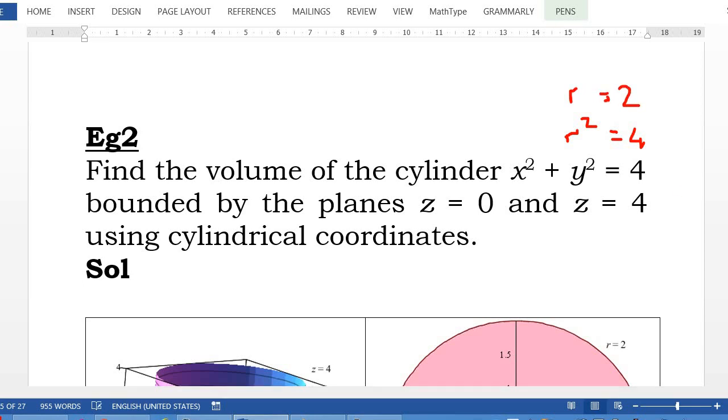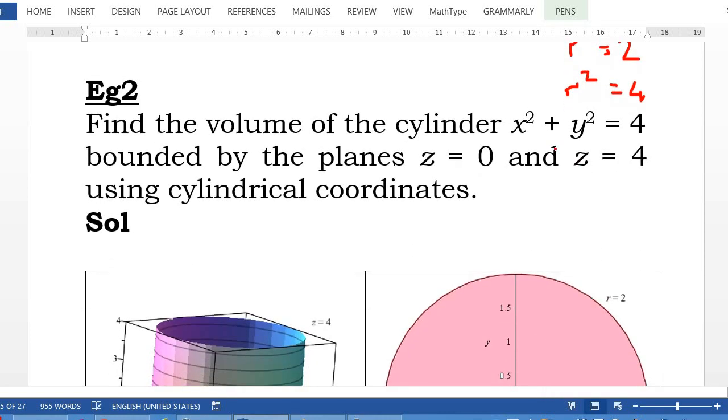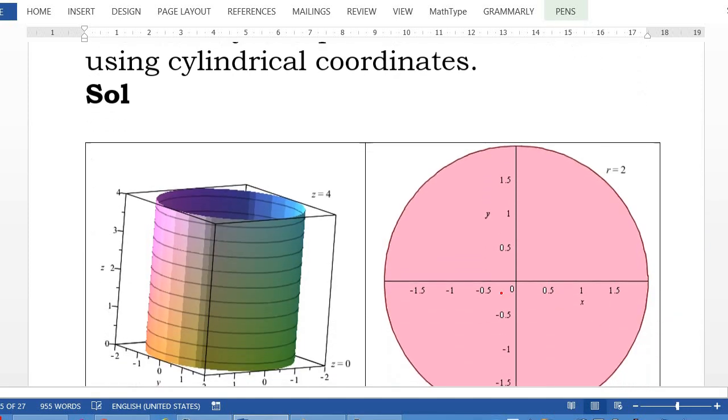Don't take r as a negative value, because r is a magnitude and must be positive, minimum is 0. Start from the origin, all the r is from 0 to 2. No matter which radius you take, r is always from 0 to 2.